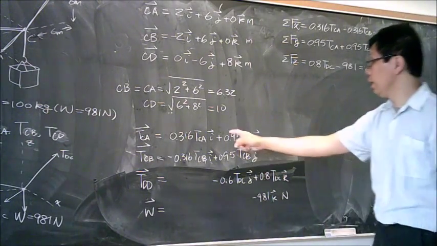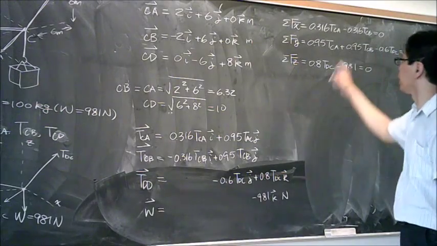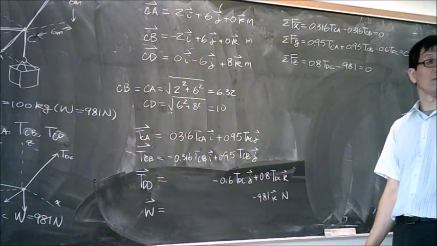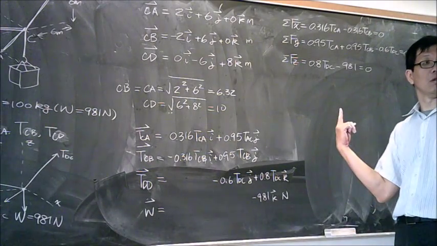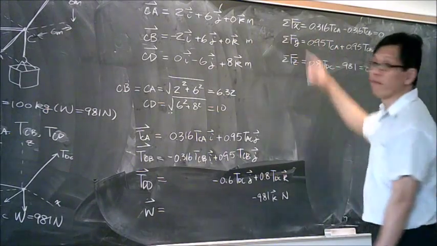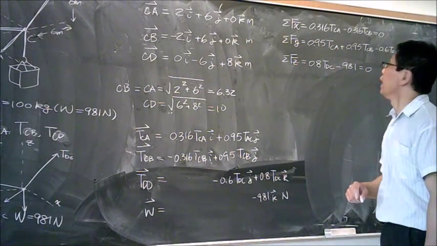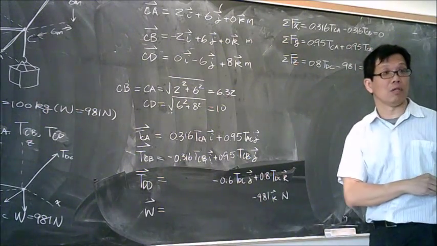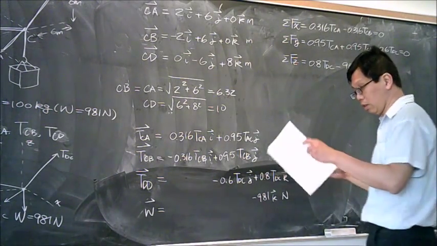So by combining the x direction, y direction, and z direction, I got 3 equations. How many unknowns do I have? 1, 2, or 3? 3. So can I solve for all the unknowns? Yes. So from the first equation, x, obviously TCA equals TCB, right?